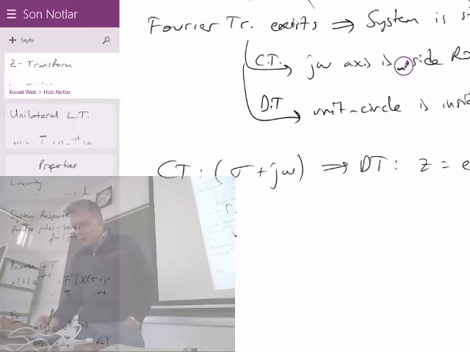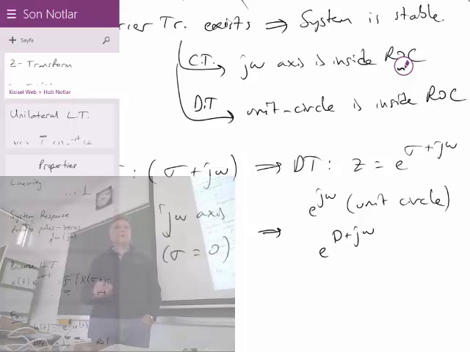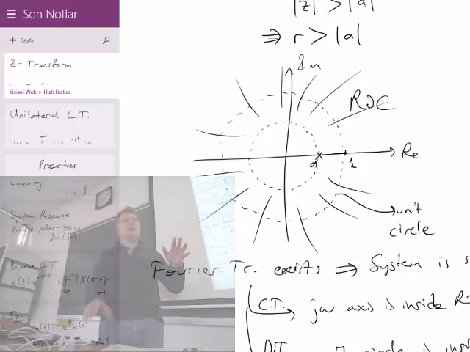Therefore, the j omega axis, which means sigma is equal to 0, will be translated as e to the j omega, the unit circle, because that would be e to the 0 plus j omega. When sigma is equal to 0, e to the sigma plus j omega will be e to the 0 plus j omega, and that is the unit circle. So there is a mapping in the shapes from the Laplace to the z plane, and that is a warping.